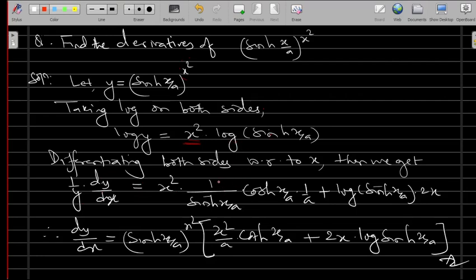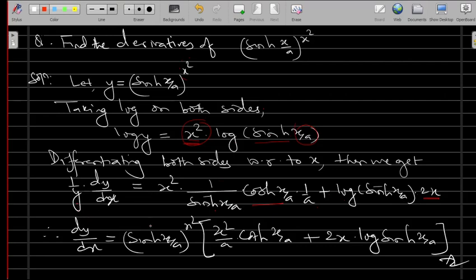The derivative of log is 1 by hyperbolic sine x by a times the derivative of hyperbolic sine x by a, which is cos x by a. Again the derivative of x by a is 1 by a. First part is completed, plus second no change, log hyperbolic sine x by a no change, derivative of x square is 2x.